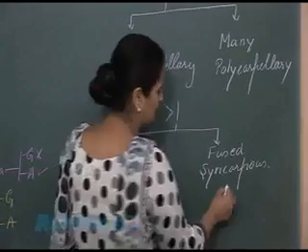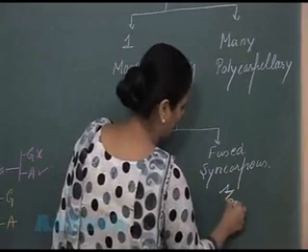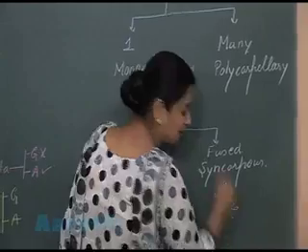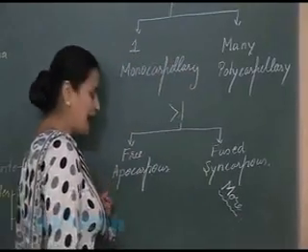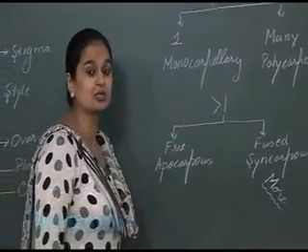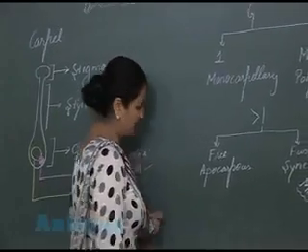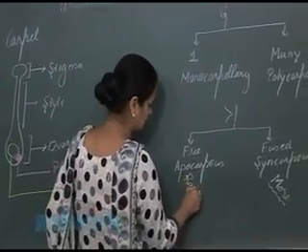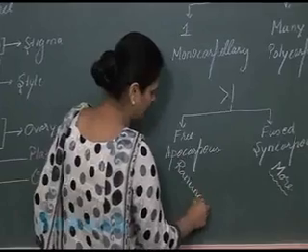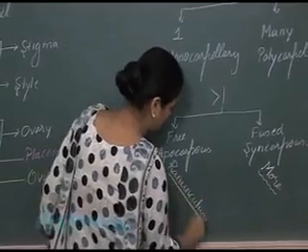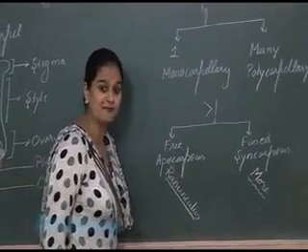Now the syncarpous gynoecium is more common in the angiospermic families, and the apocarpous condition is associated with only a few families. One example which I am citing here is Ranunculus, which belongs to the Ranunculaceae family.